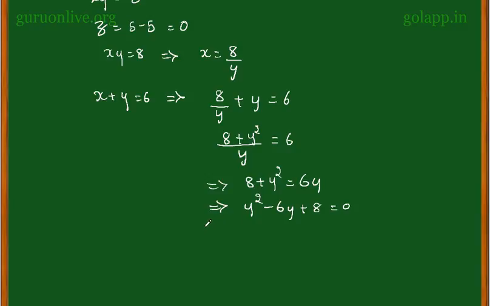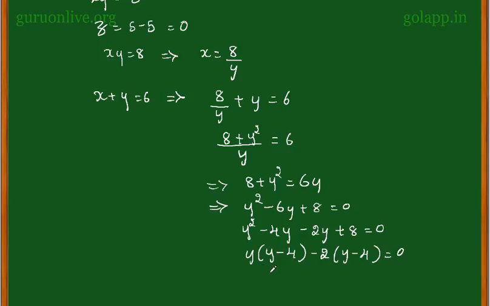On factorizing this, I can split 8 as 4 into 2. So this equation becomes y square minus 4y minus 2y plus 8, which is equal to 0. I take y common, so the left term is y minus 4. And next I take minus 2 as common, so I'll be left with y minus 4, which is equal to 0. Where y minus 4 is common in both the cases, so I take y minus 4 as common.